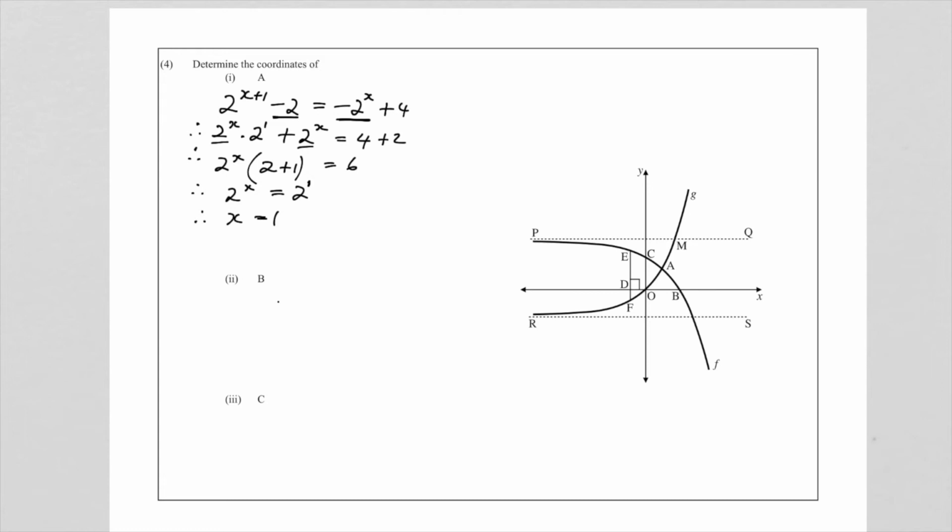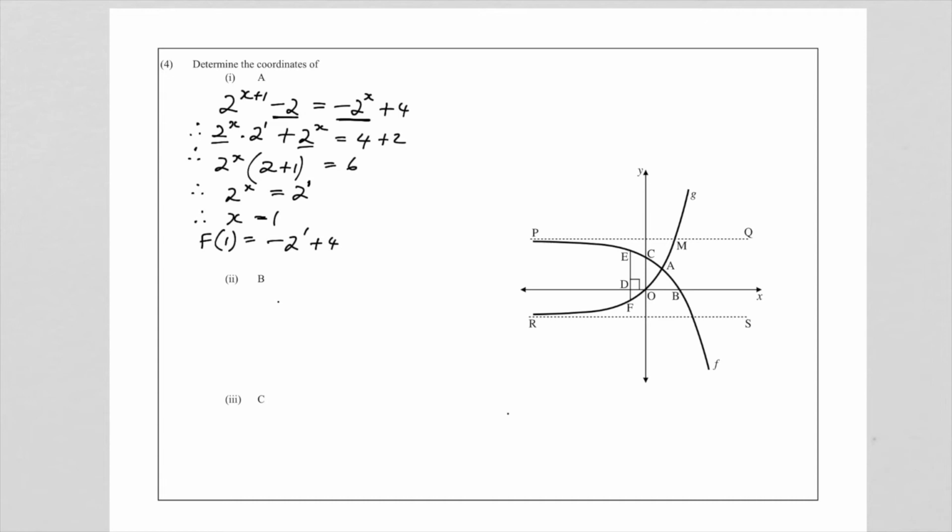So we still need to find the y value as well. And you can use any one of the two equations now to find the y value. So let's just use f. So I'm going to find f of 1. So I'm going to substitute 1 into the function f. So which will be minus 2 to the 1 plus 4.